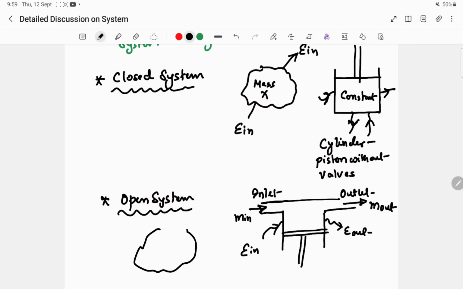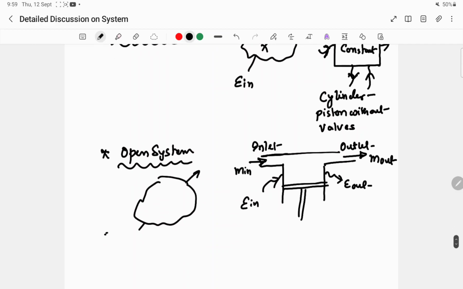If this is a system, there is energy in, energy out, and also mass in and mass out in an open system. Here the example will be a cylinder piston with valves, where the fresh inlet gas is coming through the inlet valve and the exhaust gas is going out of the outlet valve.